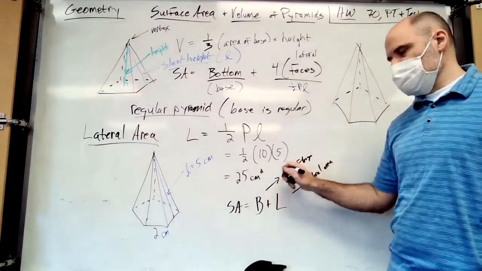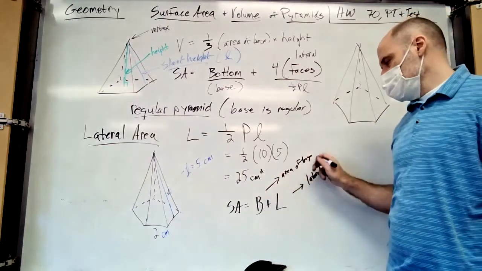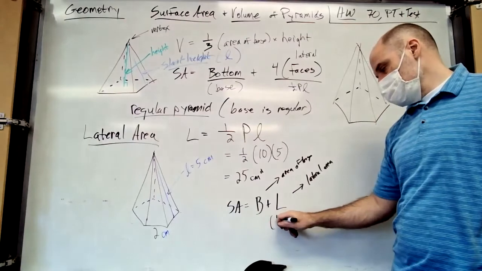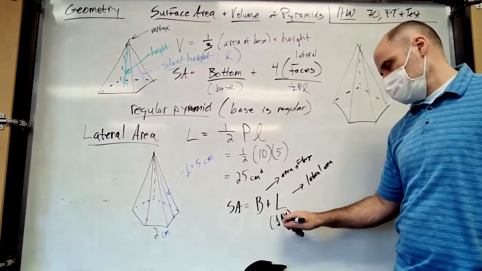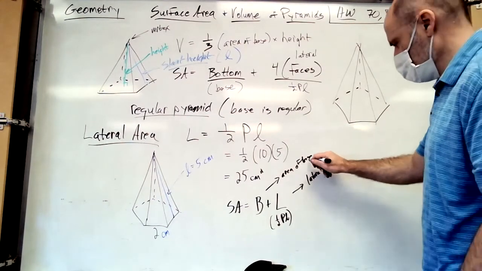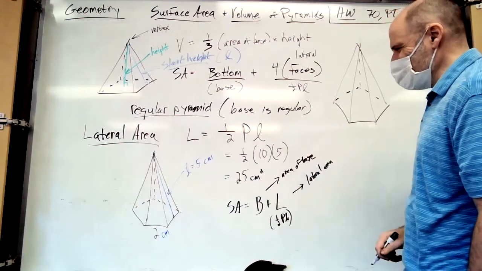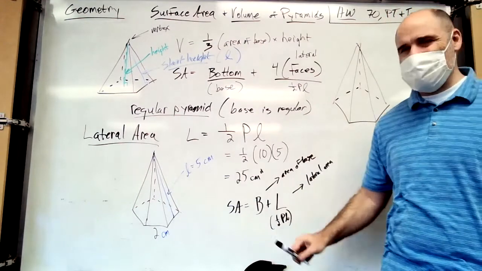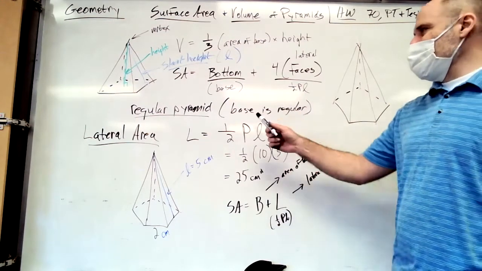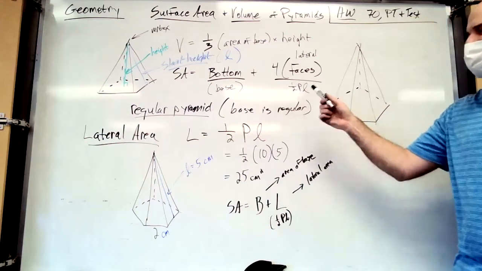So this is going to be different every time, depending on the base, but this is always 1/2 PL. Saxon likes to say capital B means area of base. I don't like that. I like to just write it out. So it's just area of base plus lateral area.